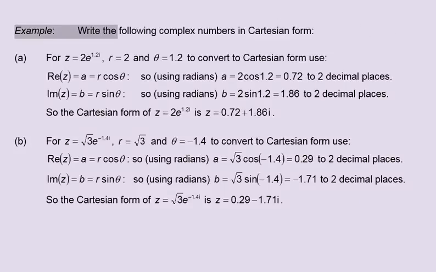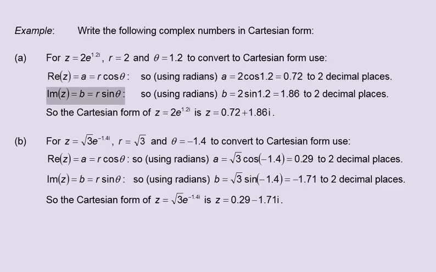Example: write the following complex numbers in Cartesian form. A. For z equals 2 multiplied by e to the power 1.2i, r equals 2, and theta equals 1.2. To convert to Cartesian form, use the real part of z, which equals a, equals r cos theta. So, using radians, a equals 2 multiplied by the cosine of 1.2, which equals 0.72 to 2 decimal places.